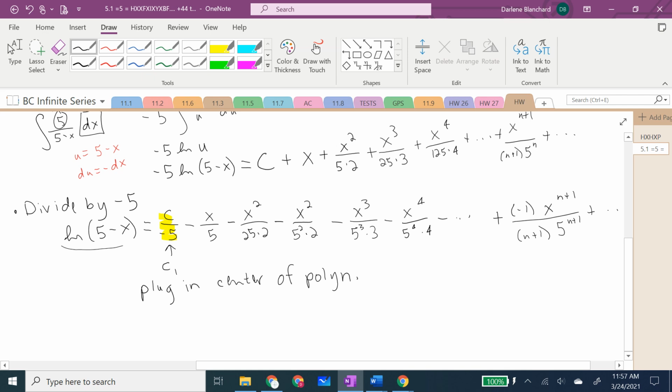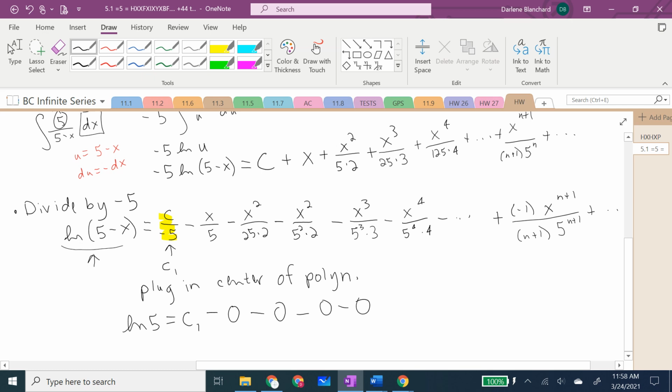And hopefully you see that the center is 0 because all the x's are just to powers. They don't have addition or subtraction to them inside the powers. So when I plug 0 in to the left side, I get the natural log of 5. On the other side, that's equal to this big giant unknown constant c sub 1 minus 0 forever.